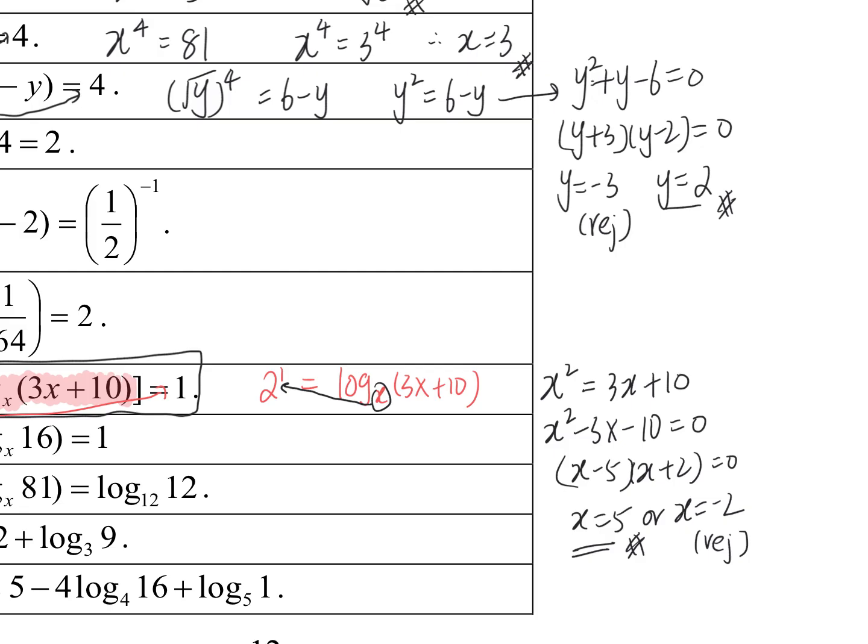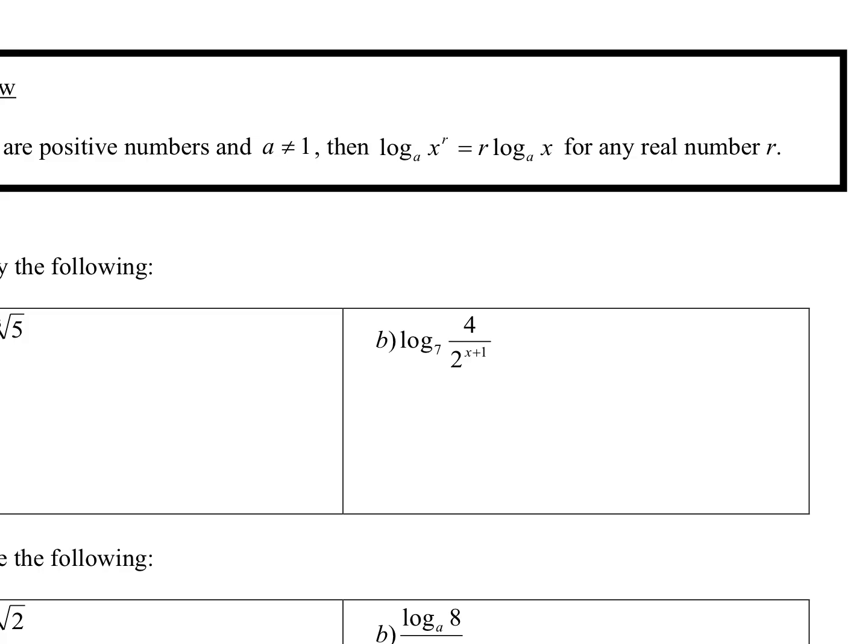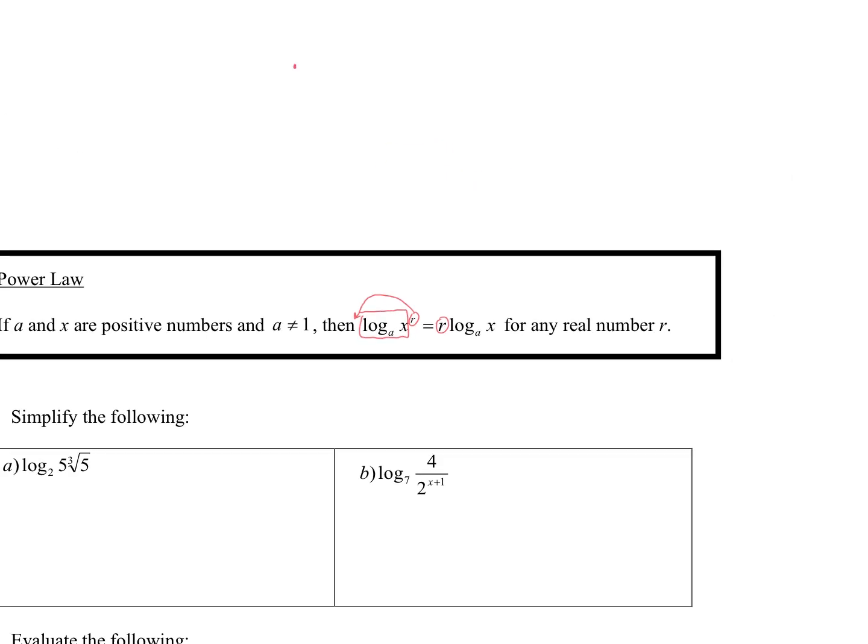Okay, this one is the power law that I told you about just now. Remember, when you apply log, you can bring the power down as a constant in front. So this is the power rule. So far we have 3 rules.